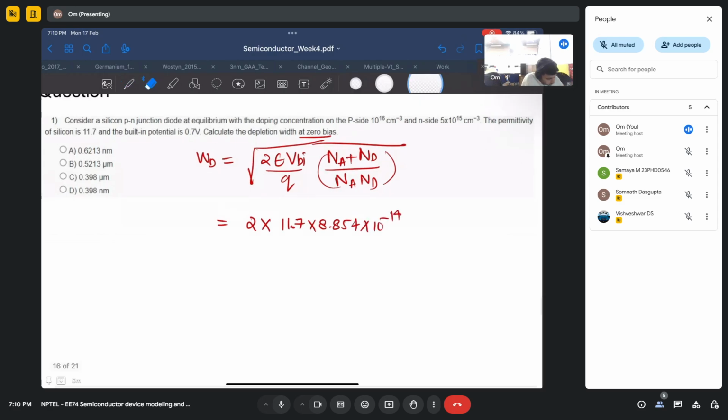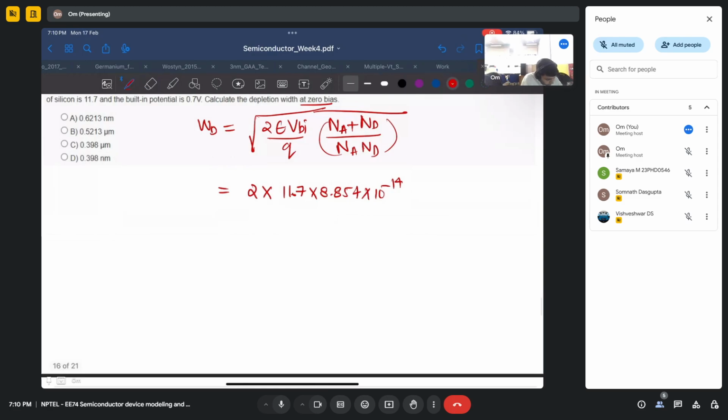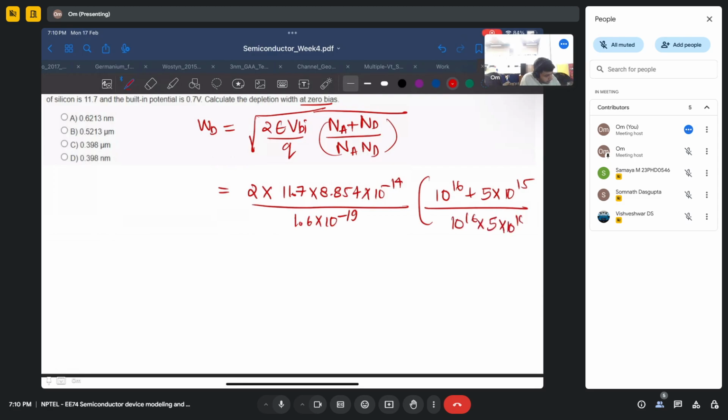We'll take minus 14 when we have to find it in centimeters. Upon Q, which is 1.6 into 10 to the power minus 19. Na is 10 to the power 16 plus 5 into 10 to the power 15, upon 10 to the power 16 into 5 into 10 to the power 15.